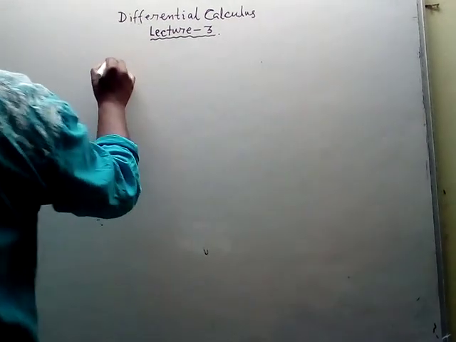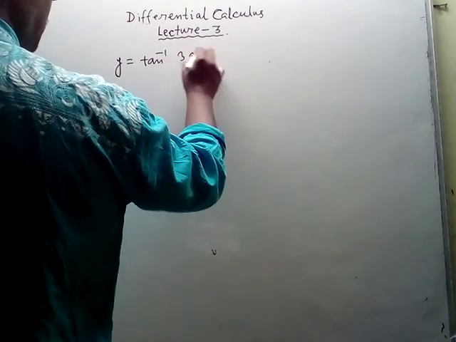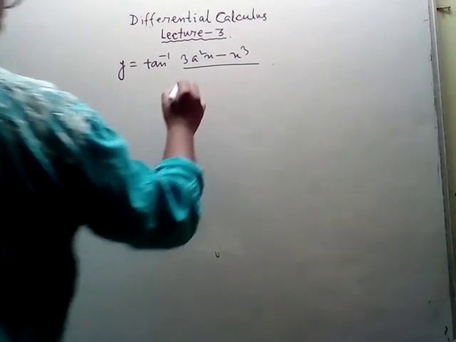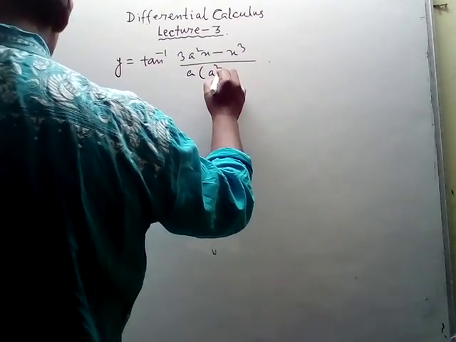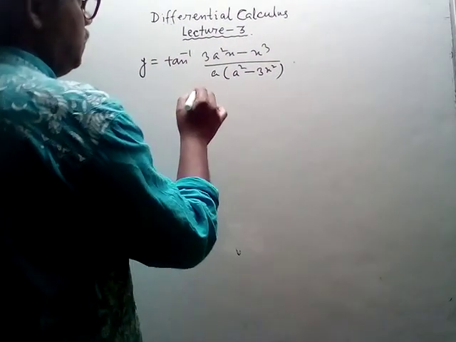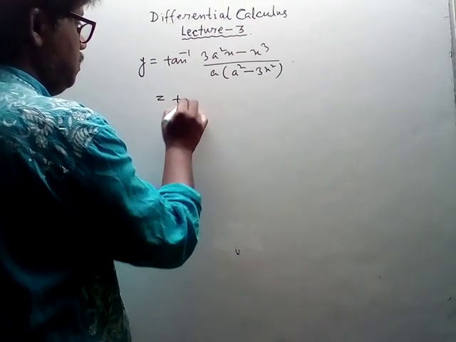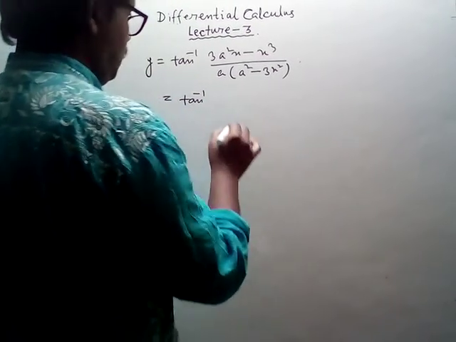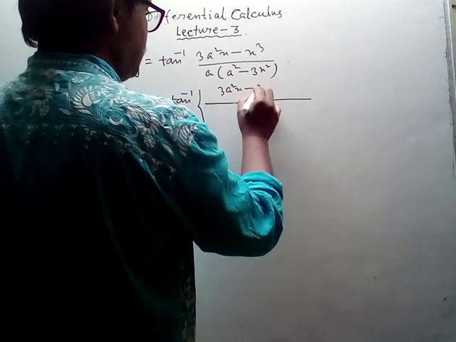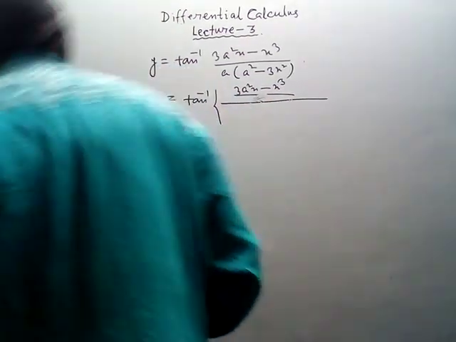Now y equals tan inverse of (3a square x minus x cube) divided by (a cube minus 3a x square).